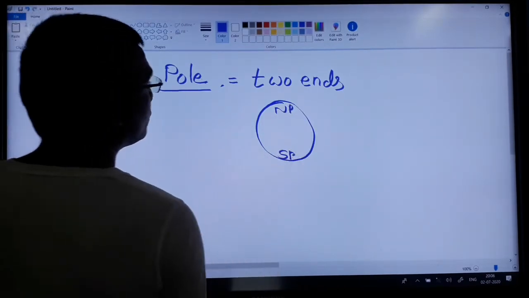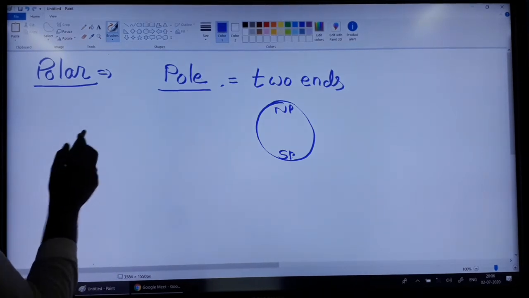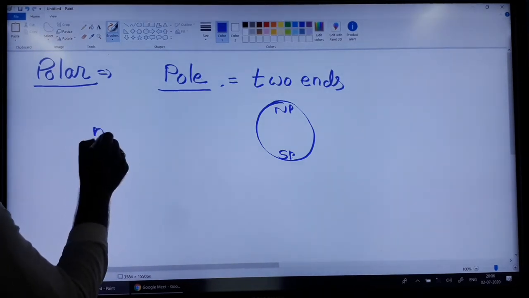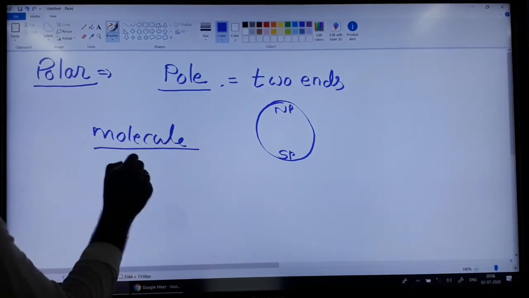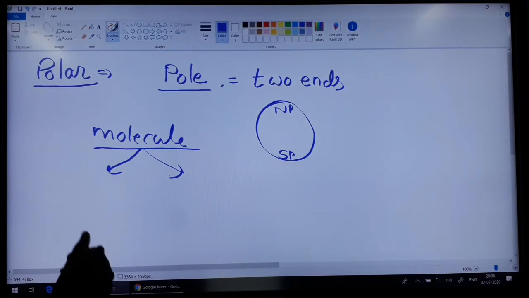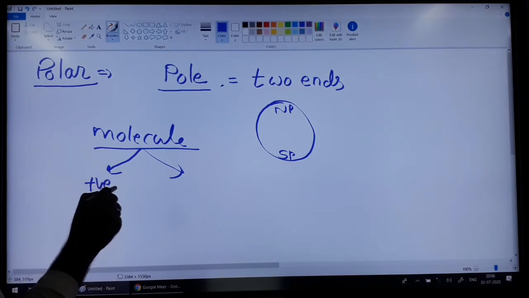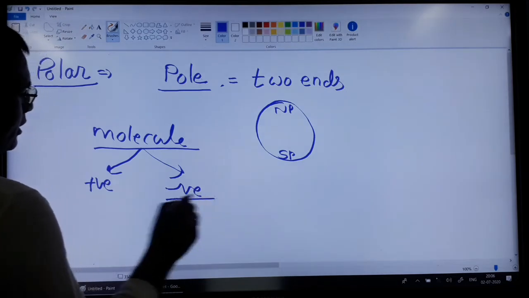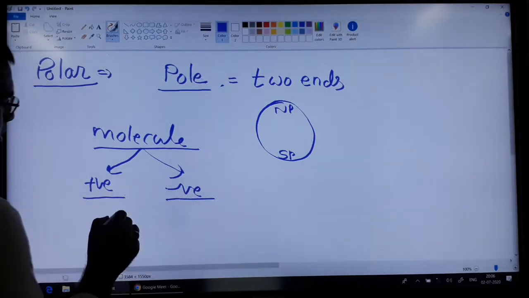In the same way, if a molecule is made up of two poles or two ends, two opposite types of charges, that is positive charge and negative charge, then we can say that it is a polar molecule.